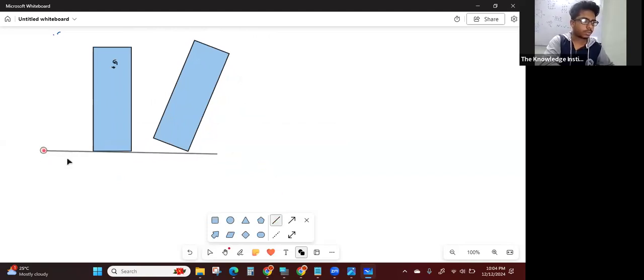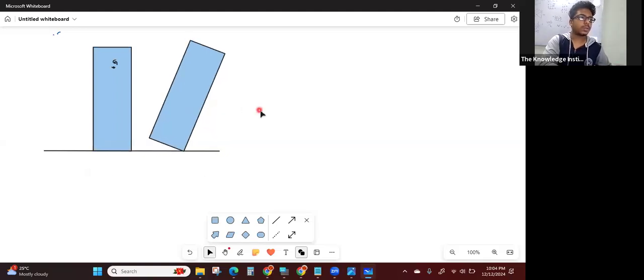This is the ground. Here the center of gravity is high.